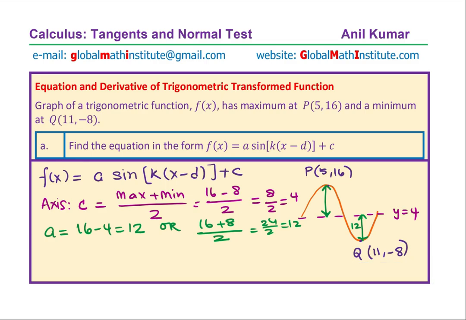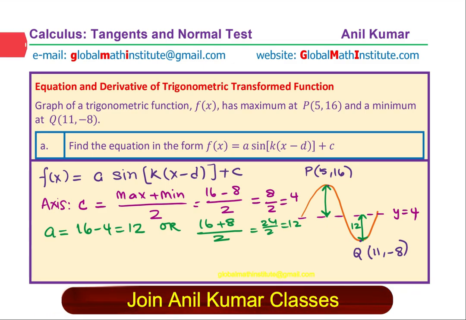Perfect. Now we need to find the time period. So how do you figure that out? Well, half of the time period is between maximum to minimum, right? So this distance is half the time period from maximum to minimum.